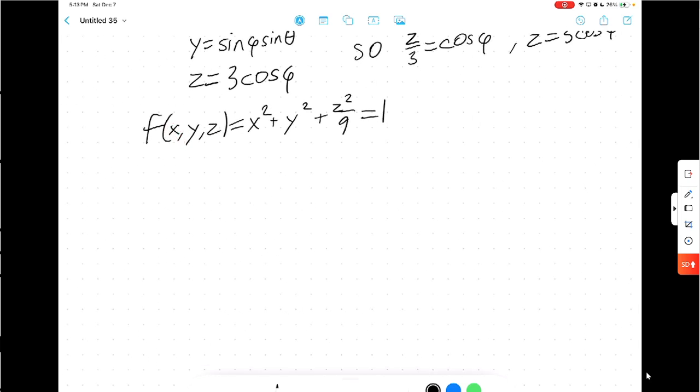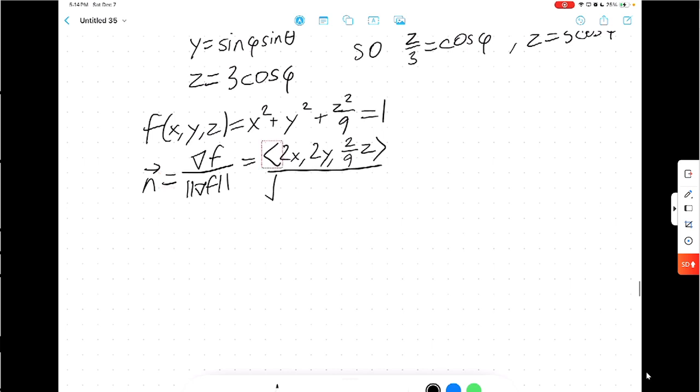So we're going to do the unit normal, gradient over magnitude of gradient, which is equal to 2x, 2y, 2 ninths z over the square root of 4x squared plus 4y squared plus 4 over 81 z squared.